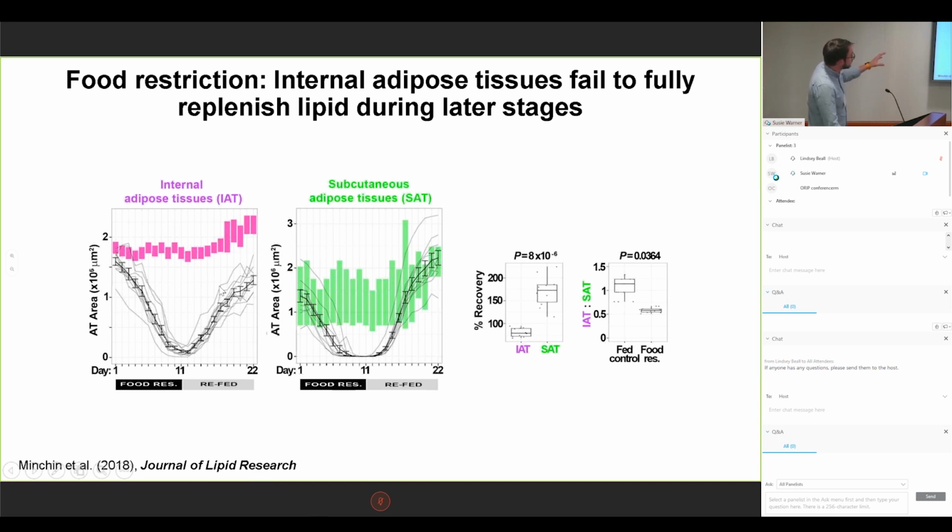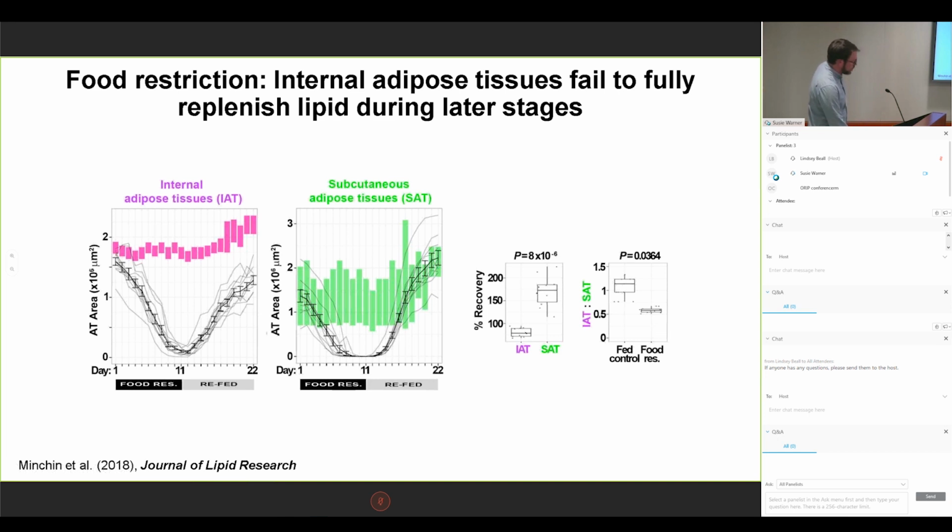And if we split this out into internal and subcutaneous adipose tissues, the colored bars represent the size and stage matched normal expected levels of lipid. You can see that the internal adipose tissues have lost the ability to recover to their normal fed size, whereas the subcutaneous adipose tissues respond really nicely. And this leads to changes in body fat distribution.